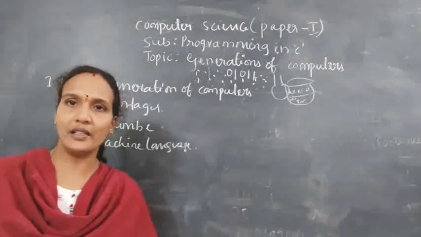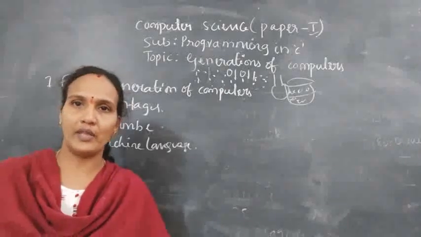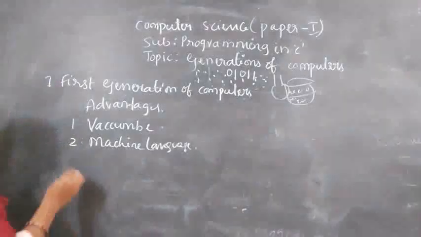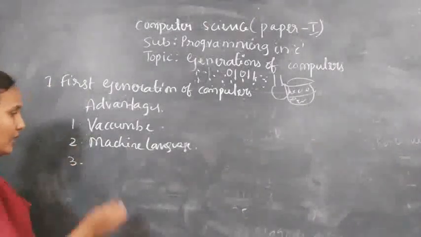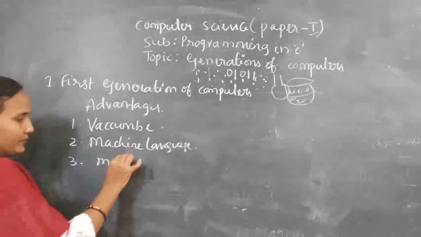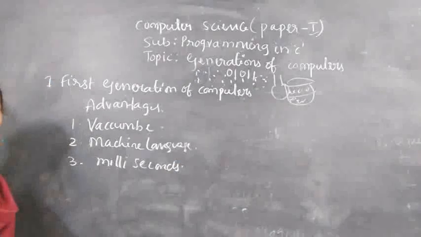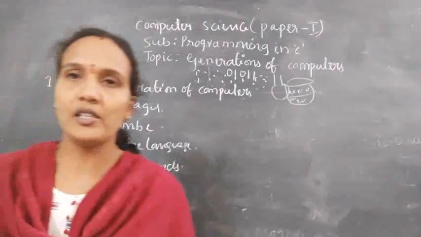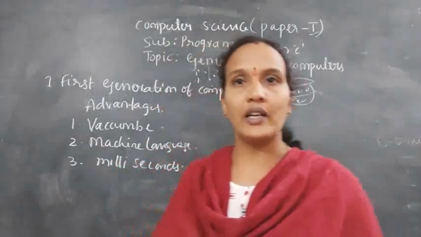So it doesn't need further translation. So that is also one of the advantages. And the third one is that it is used to perform calculations in milliseconds. Understood? So these are the advantages we have.